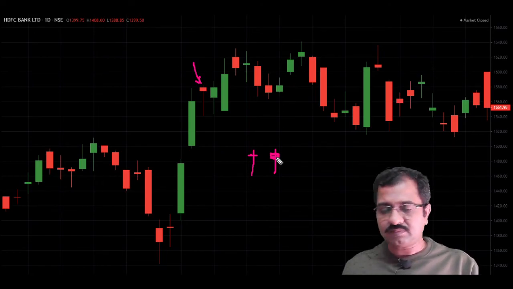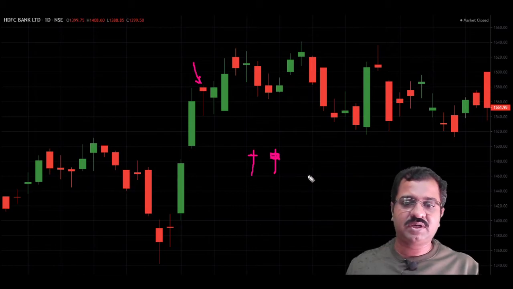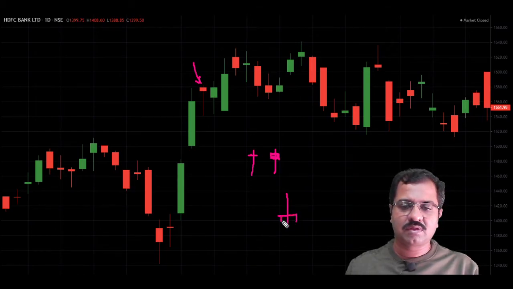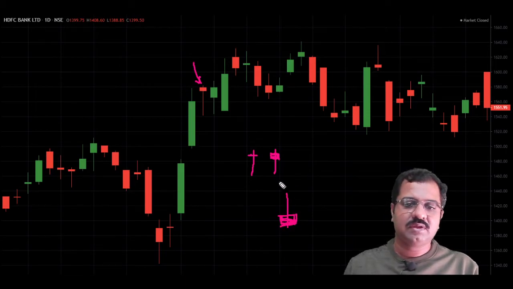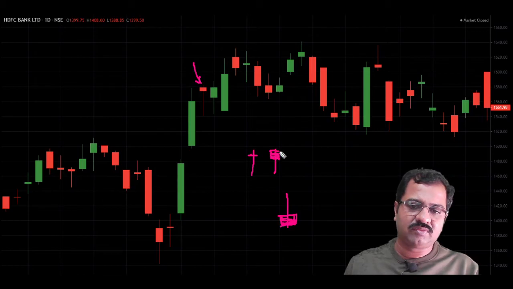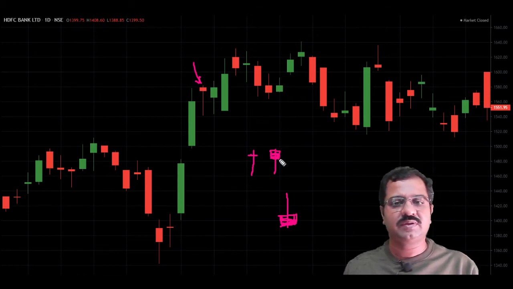And the inverted hammer. What is an inverted hammer? This is a hammer, and an inverted hammer is like this. Generally hammers extend till the end, and this also will generally be till the end.